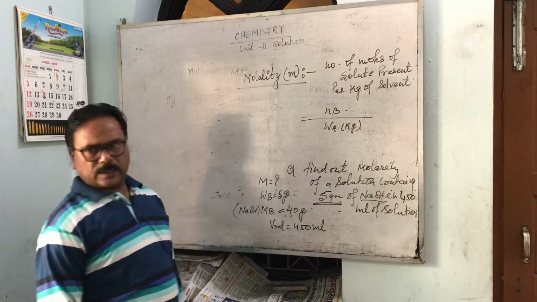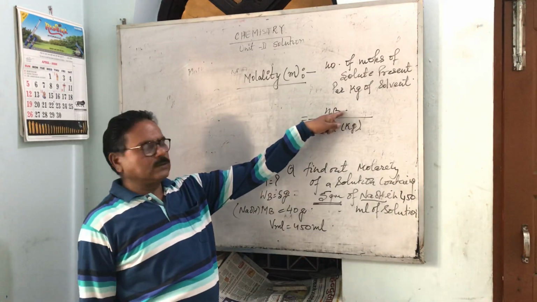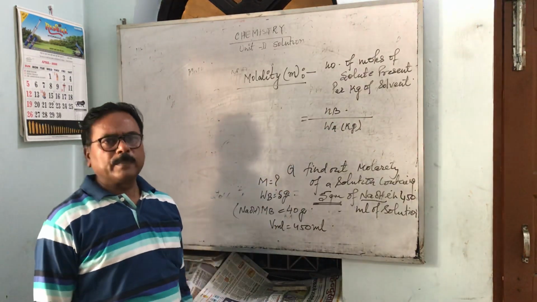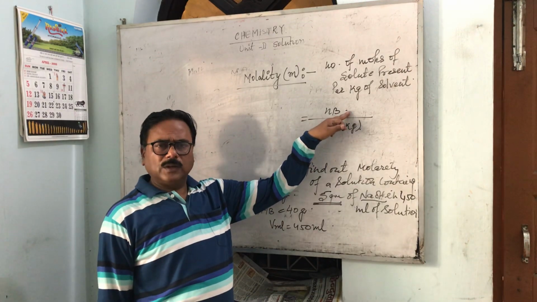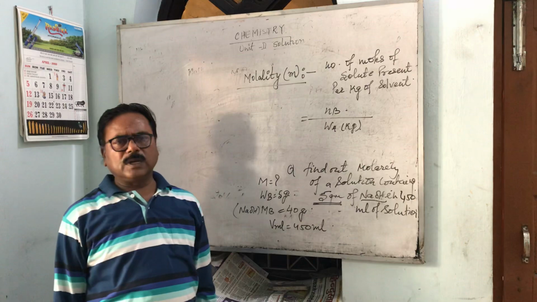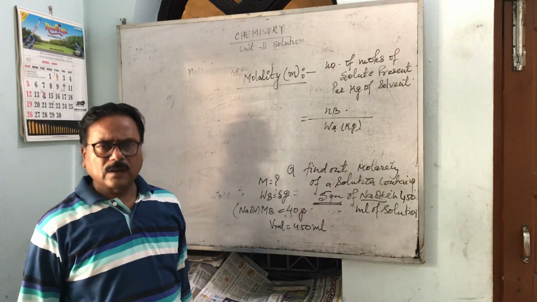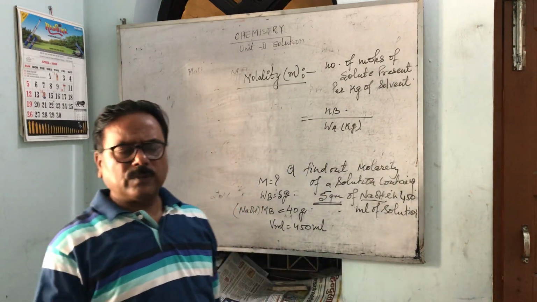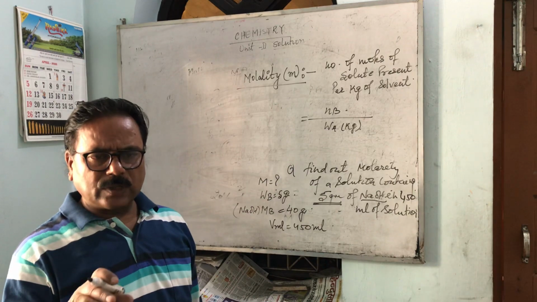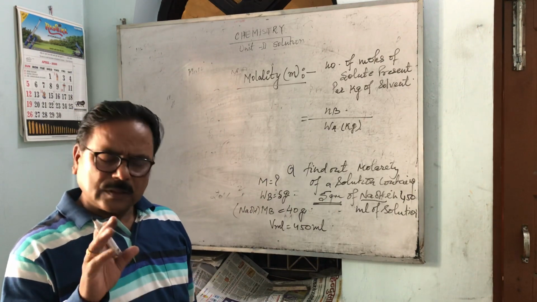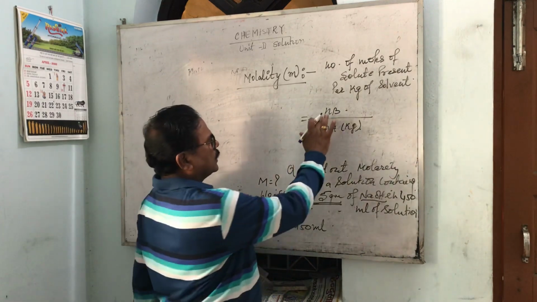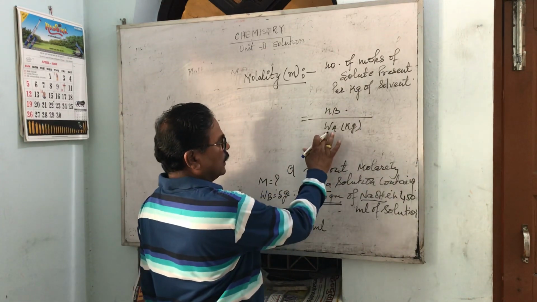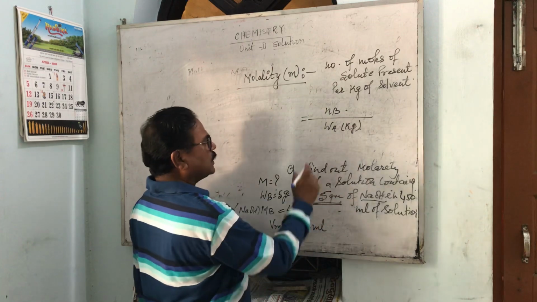This is the mathematical expression. The number of moles of solute is always considered as B. In your book it is considered as N2. N2 is considered as the number of moles of the solute. Whatever our assumptions to consider the solute and the solvent, it will depend upon yourself or upon me. That is the number of moles of the solute and WA the mass of the solvent in kilogram.